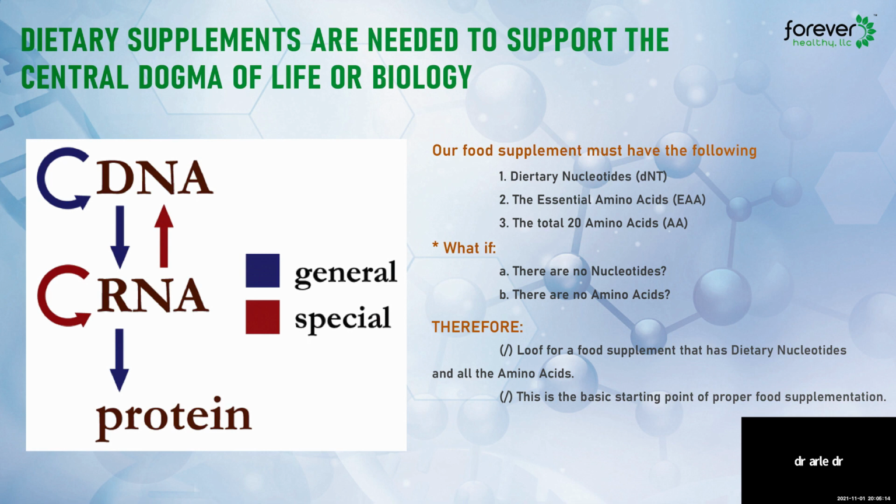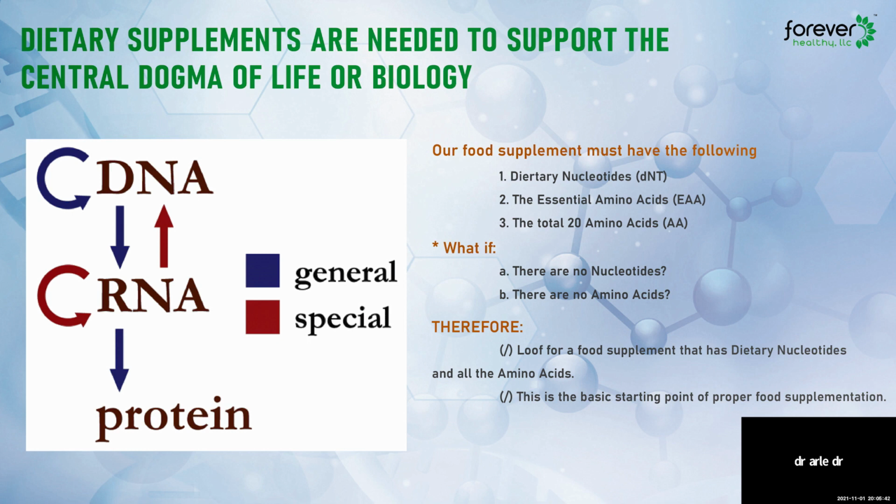Because nucleotides are part and parcel of the DNA and RNA. That's very obvious. And then two, the essential amino acids, and the official abbreviation is capitalized EAA. And the essential amino acids, right, are needed by the RNA during translation to create the protein. And 20 amino acids are required, and the official abbreviation is AA.